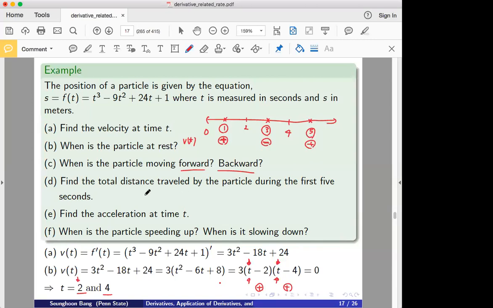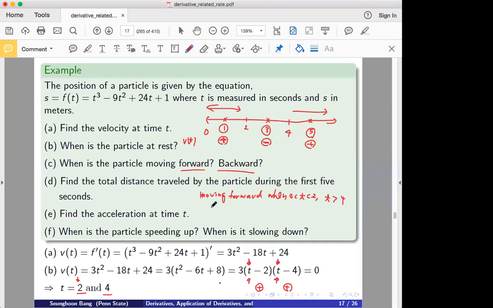So the answer for moving forward: when is it? Positive one. t is between 0 and 2, and t is greater than 4.